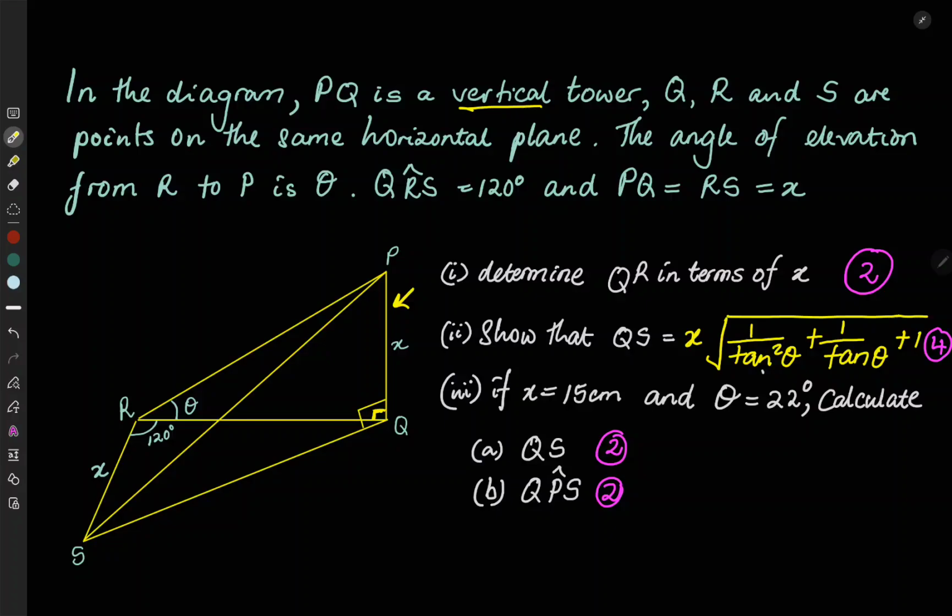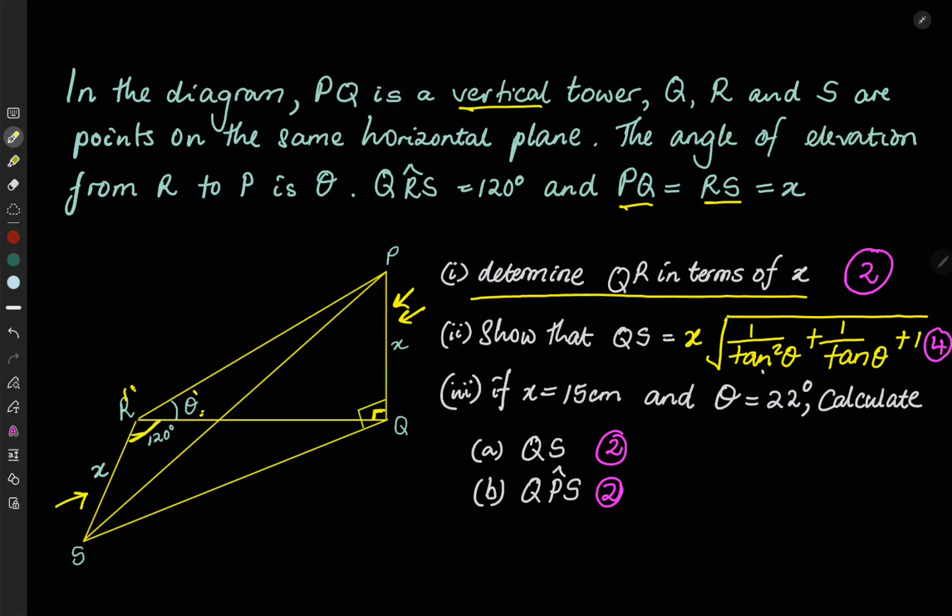The angle of elevation of P from R is theta. The angle QRS is 120 degrees. And we are also given that PQ is equal to RS, which is equal to x. Now, determine QR in terms of x.